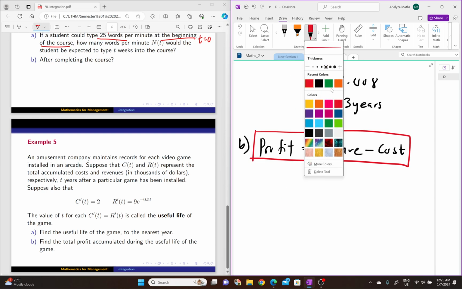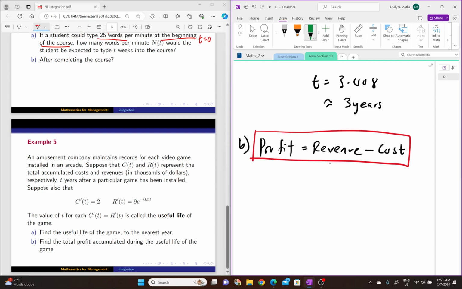Or we can also do like this, either profit equal to revenue minus cost. Profit is equal to revenue minus cost.